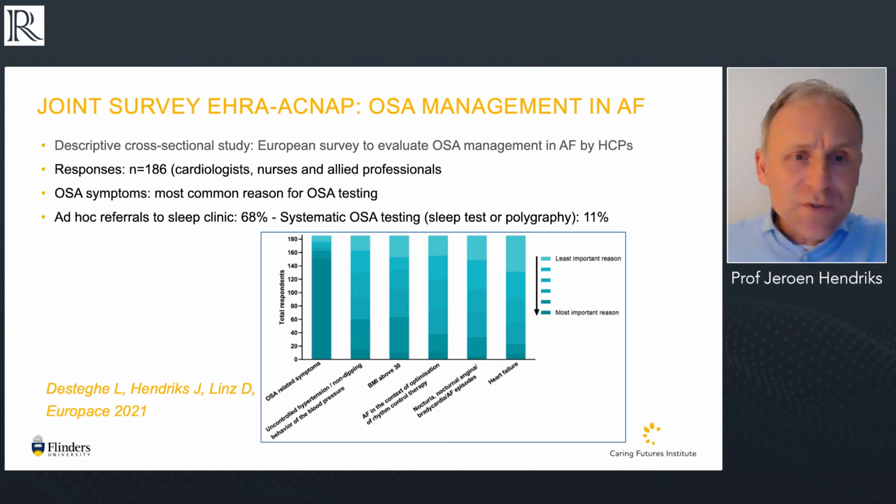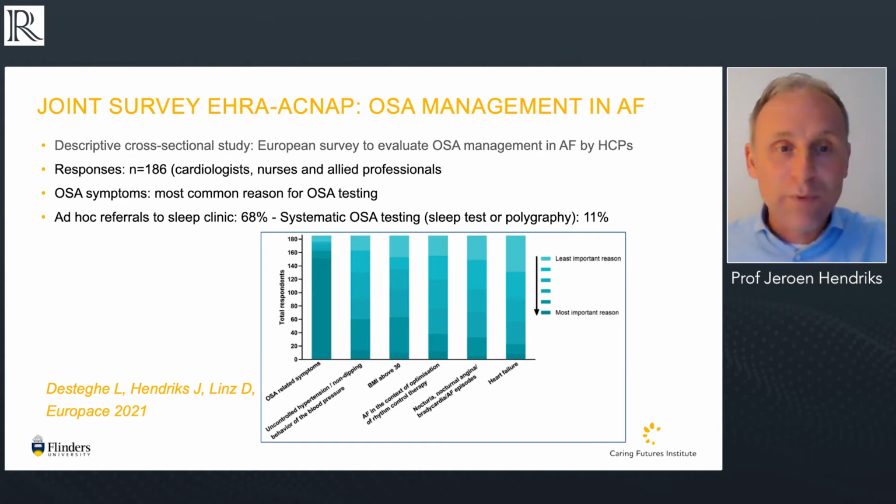If we look into the figure, we can see the darker the colors get, the more important the reason was to test for sleep apnea. What is very obvious is that OSA symptoms is the most common reason for sleep apnea testing, while if we look at the management of atrial fibrillation or rhythm control strategies, it's only a small proportion of respondents stating that that was an important reason.